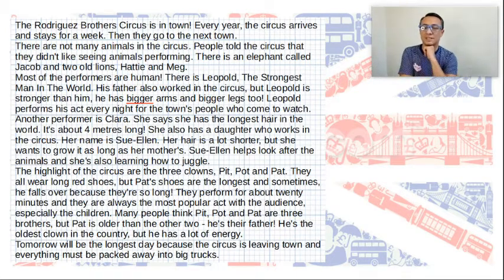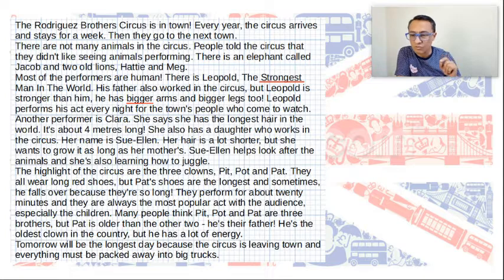Let's read the text. The Rodriguez Brothers Circus is in town. Well, I have to look for words ending with -er and -est. Okay. The strongest man. Strongest is a superlative.